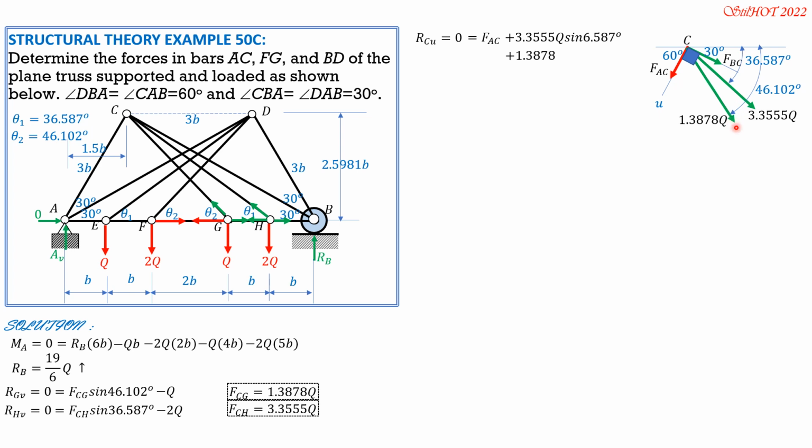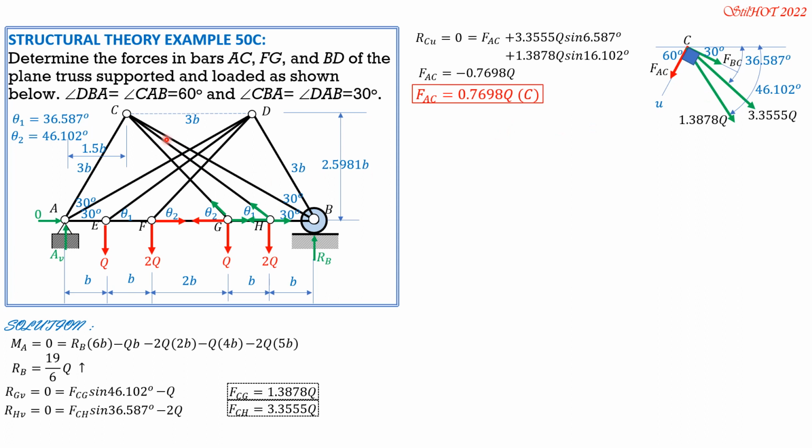Then the component plus 1.3878Q sine of 16.102, where 16.102 is 46.102 degrees minus 30. So from there, we can now solve F_AC, which is negative 0.7698Q. And that's the answer. F_AC is 0.7698Q compression.